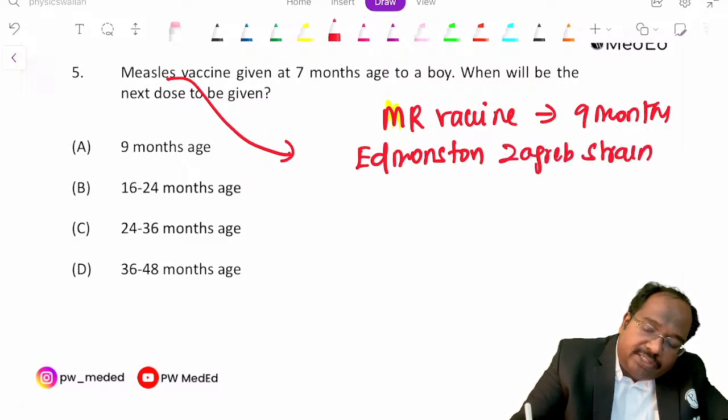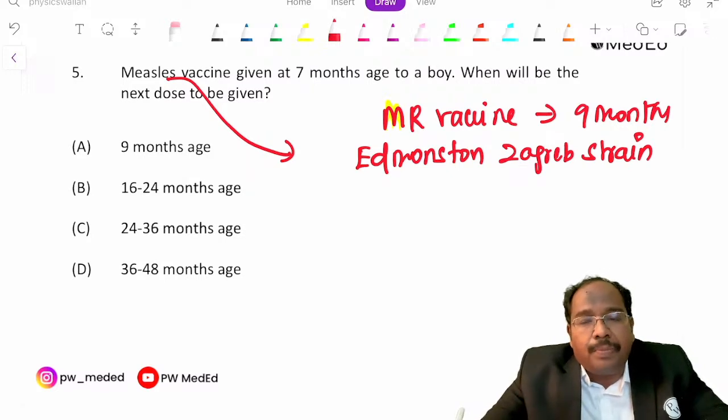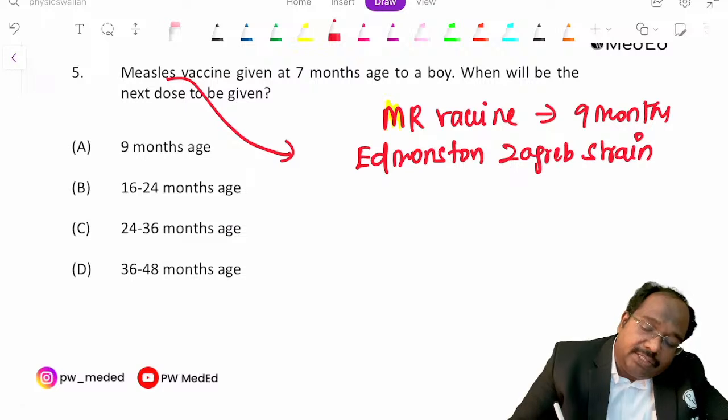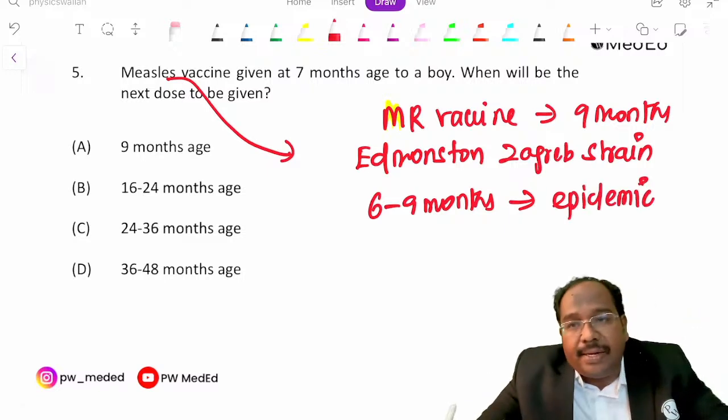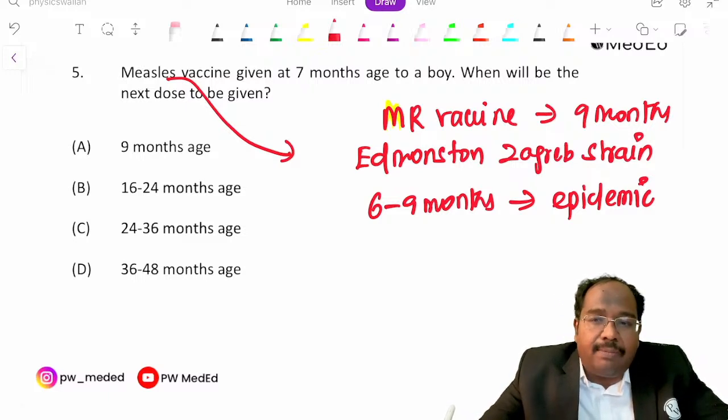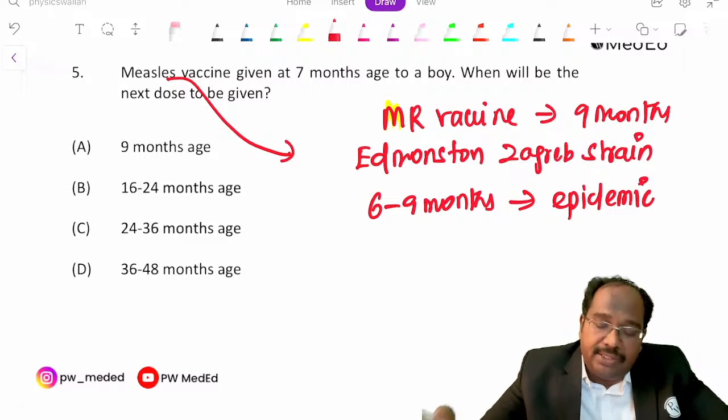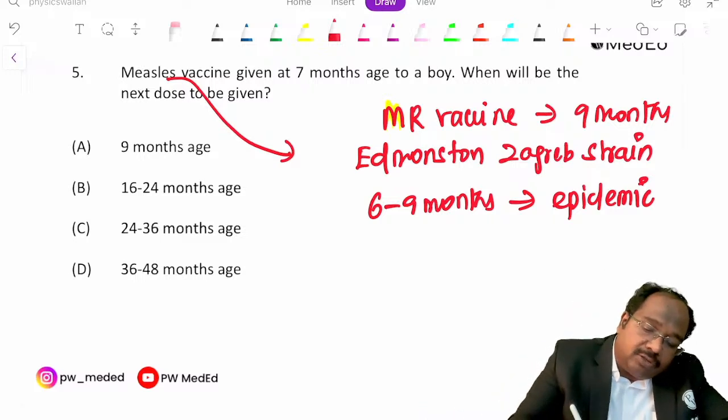But during an epidemic, 6 to 9 month old babies can also be given the measles vaccine. Normally till 6 months maternal antibodies will take care. But suppose everywhere there is a case of measles, you can give the vaccine in this time. That's what the question is.